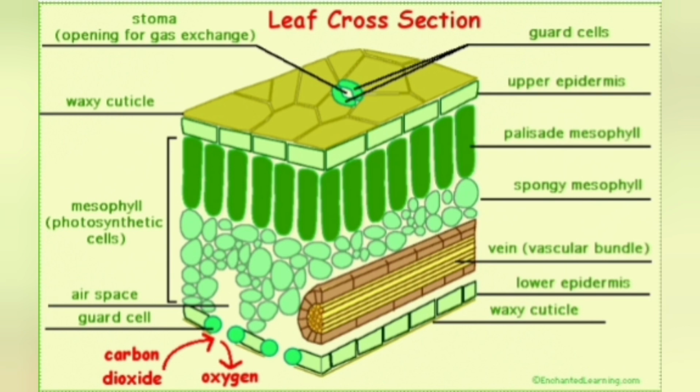The color difference is due to the presence of a pigment called chlorophyll. This chlorophyll is seen in cell organelles called chloroplasts. In palisade tissue, a large number of chloroplasts are present. I think now you are able to explain why the upper side of the leaf is dark green in color and the lower side is light green.